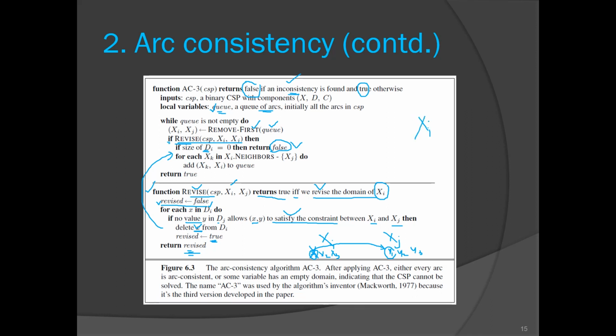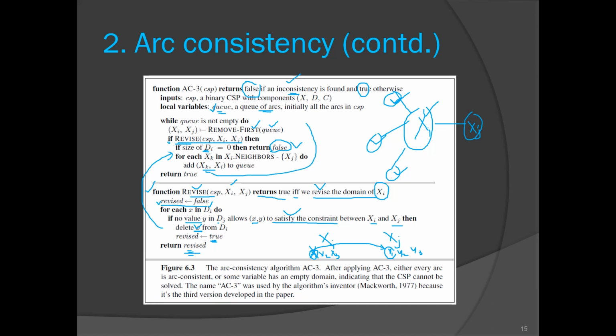We are talking about xi, and we have considered the neighbor xj, right? There can be other neighbors. For that we might have updated the domain. Now xi's domain is updated, so we have to update the domains for previous neighbors also. So for xi's neighbors minus xj, we add them back to the queue.